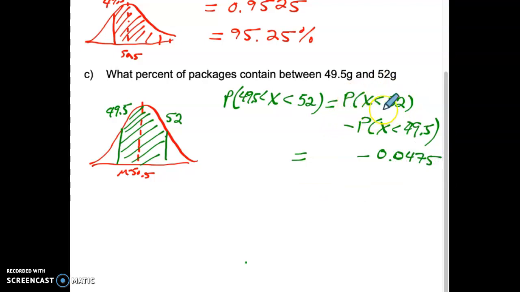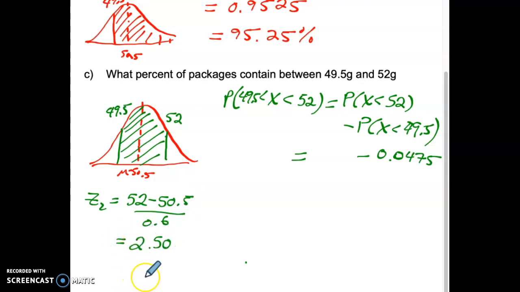Okay. To find x being less than 52, we need to calculate our second z-score. Okay, so we're going to do once again our x, which is 52, minus the mu, divided by the standard deviation. Okay, and round it to 2 decimal places, we get 2.50.